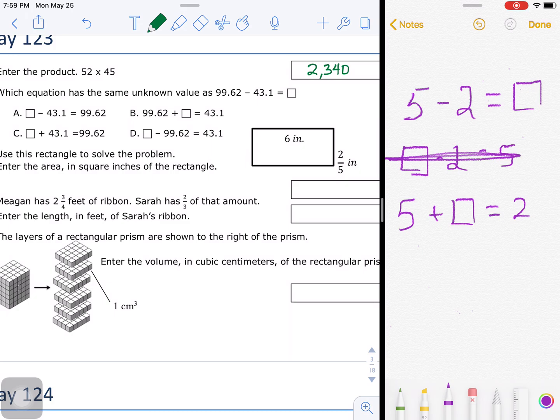Well, no. That wouldn't work. Would I be able to take my unknown value, add 2 to it, and get what I start with? So in other words, my unknown value is 3, plus 2 is 5.